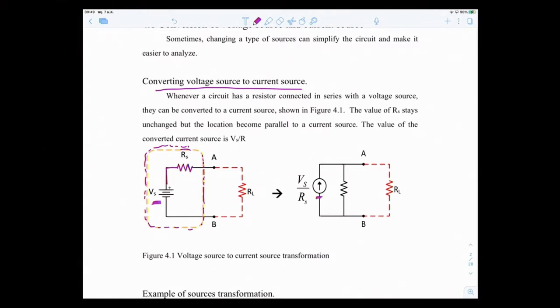For the current source value, you simply use Ohm's law, I equals V over R. So the current source value becomes Vs over Rs. This is how you transform the voltage source into the current source.